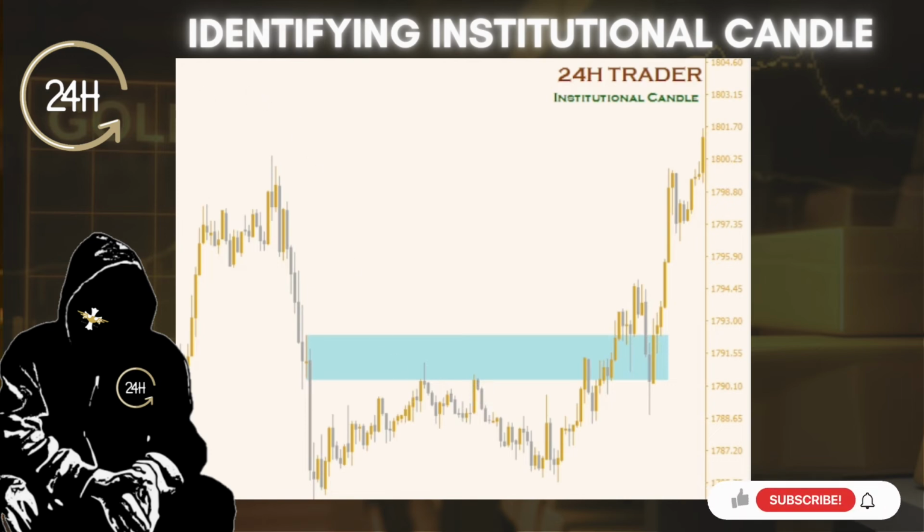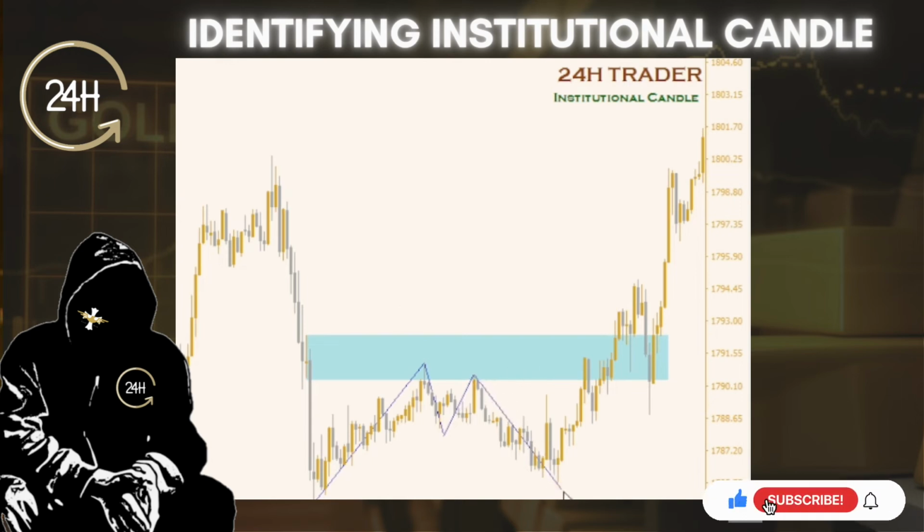So for example, this one is the 15-minute time frame. You find this slightly small bullish candle right in the middle of this huge bearish move. So institutional candle is not always on the top or below. This one is also an institutional candle.